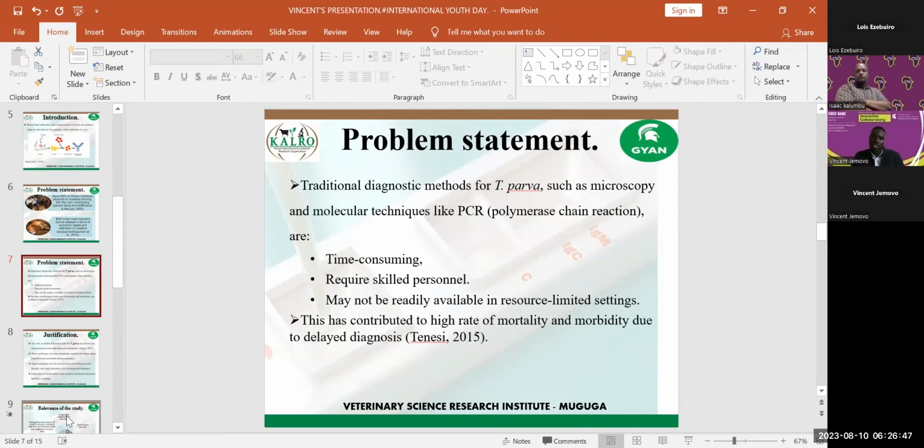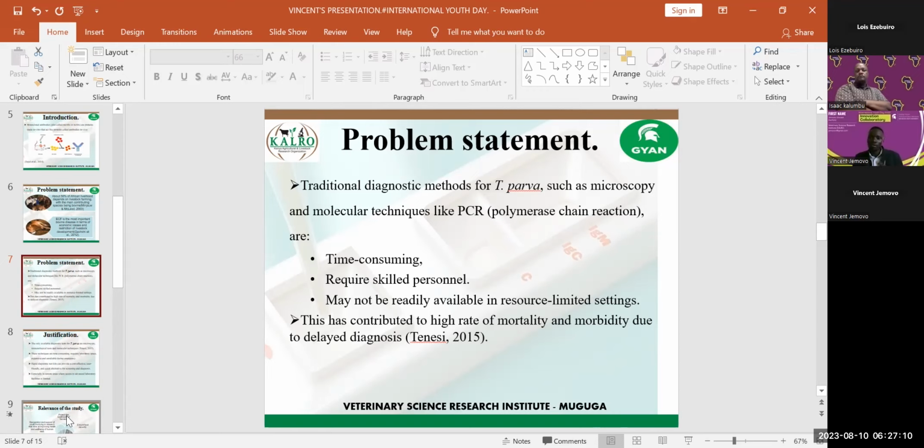Now, traditional diagnostic methods for Theileria parva, such as microscopy and molecular techniques like PCR, are time-consuming, require skilled personnel, and may not be readily available in resource-limited settings. This has contributed to high rates of mortality and morbidity due to delayed diagnosis and sometimes misdiagnosis.